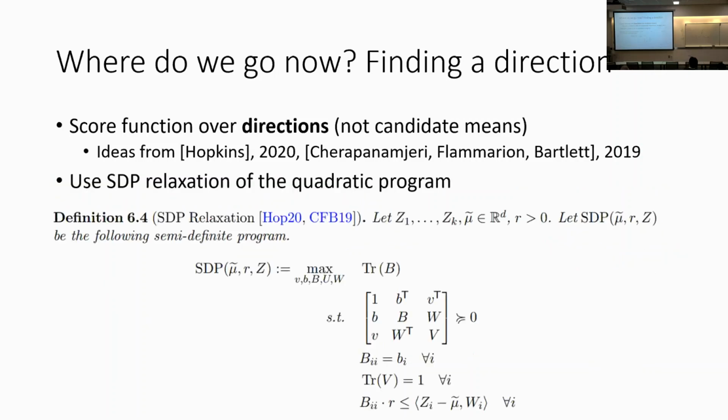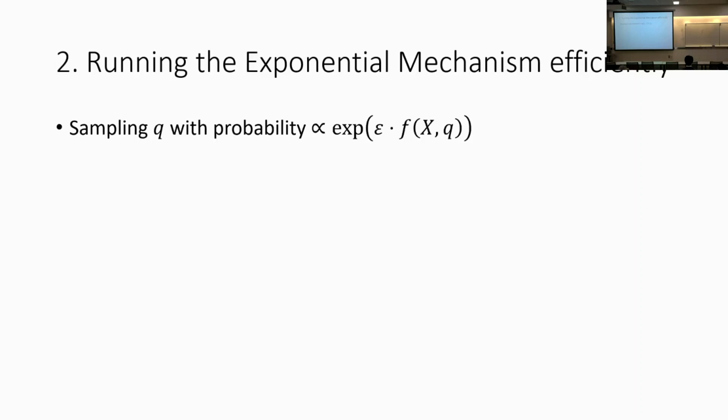Cool. The other thing we will get around is, like I said, there are many candidates. So even if we could compute the score function instantly, computing it for all the exponentially many candidates is also expensive. But if you take a look at what the exponential mechanism does, e to the epsilon times the score function, there was this very astute question in the chat asking if the score function is convex.